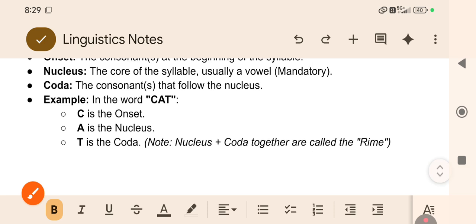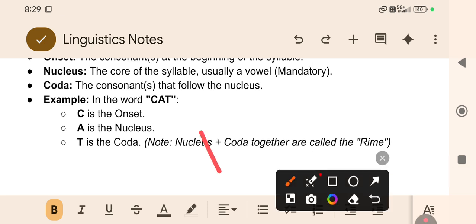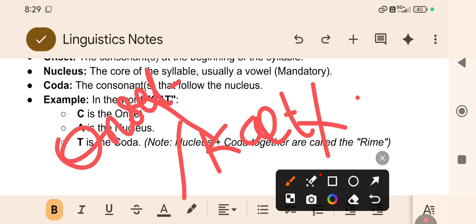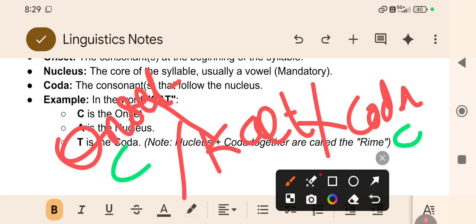Nucleus or vowel. Cat. The phonetic transcription of cat is this. This is onset. This is coda. Both are consonants. And this is nucleus, that is vowel.